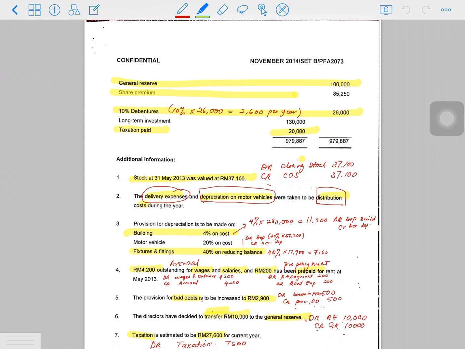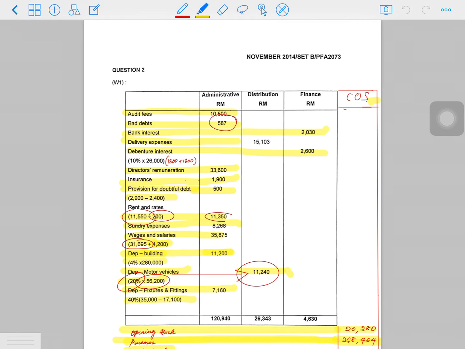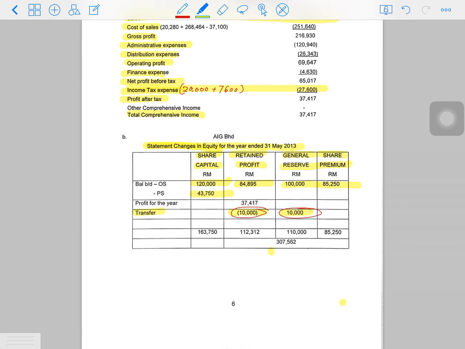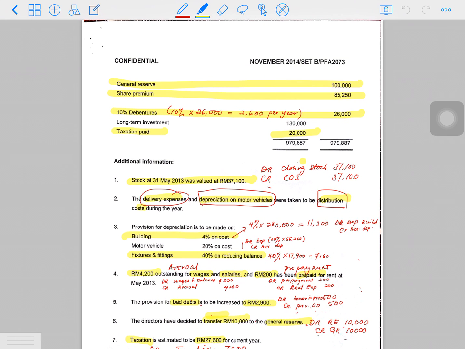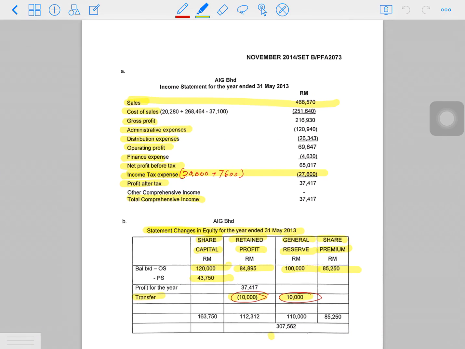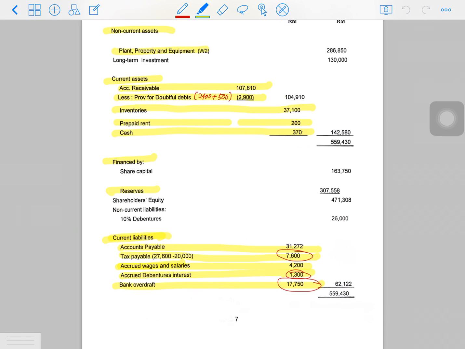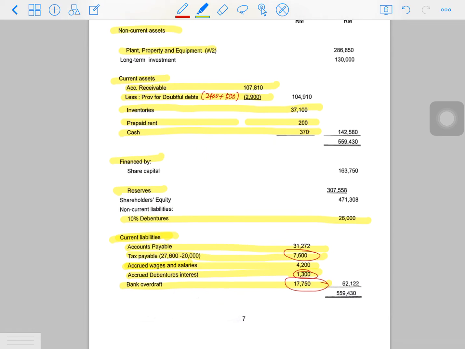Share premium under statement of changes in equity. Share premium 85,250. 10% debenture 26,000 under statement of financial position. Long term liabilities or non-current liabilities, 10% debenture 26.